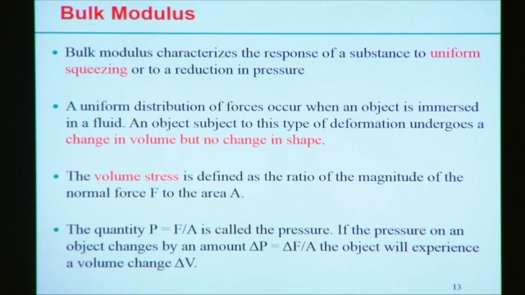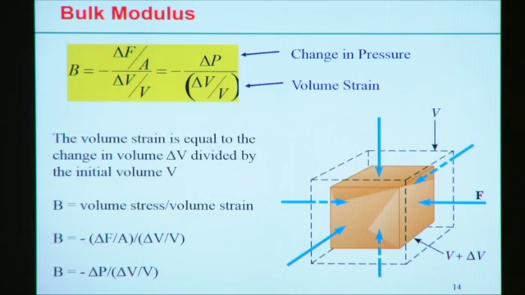If the pressure changes by an amount delta P, which is the change of force by the area, the object will experience a change of volume, delta V. That delta V with respect to the original V is called volume strain or volumetric strain.